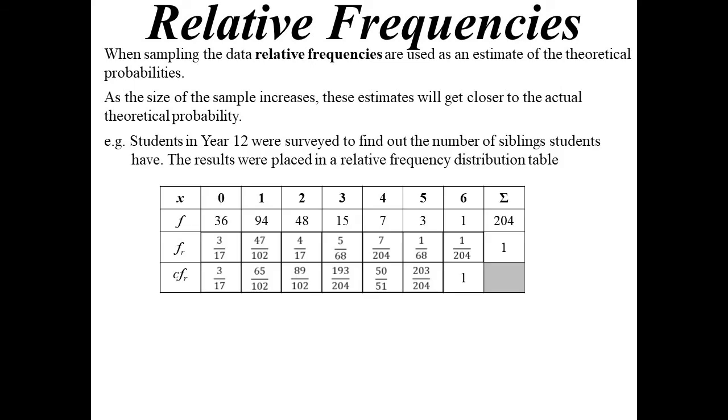Students in year 12, just like you, were surveyed to find out the number of siblings students have, and here's the frequency distribution table. So it's now not a probability distribution table, but a frequency distribution table. So instead of having the probability of x, we have the relative frequency rather than the probability. And I've also done a cumulative relative frequency there as well.